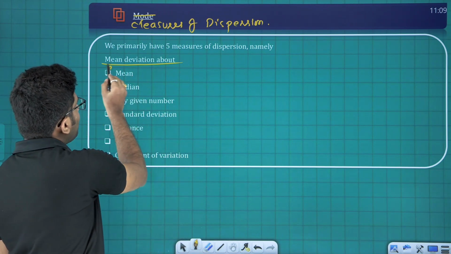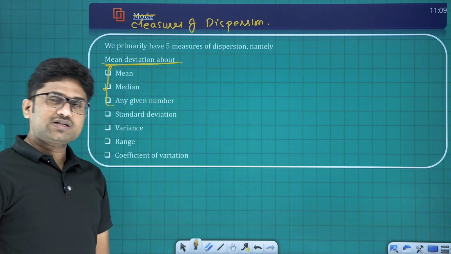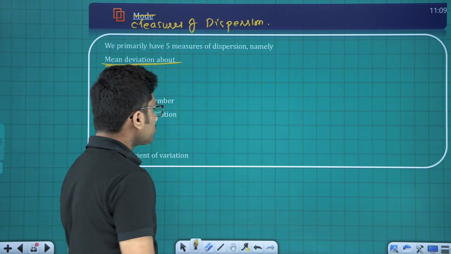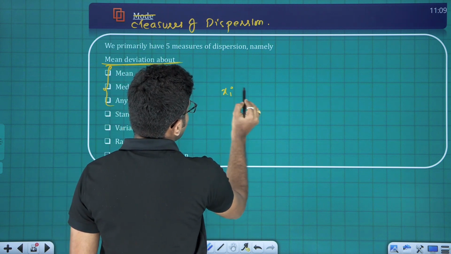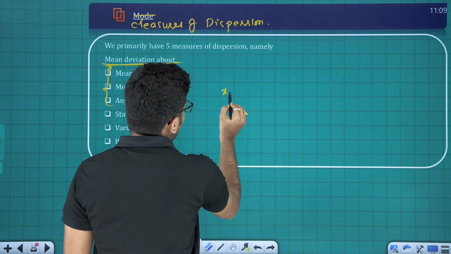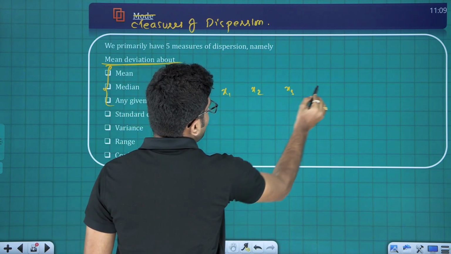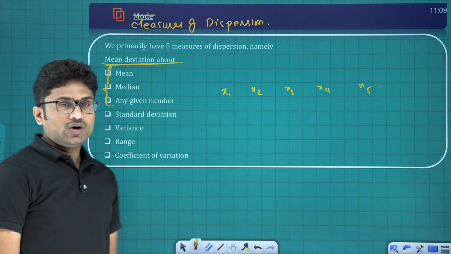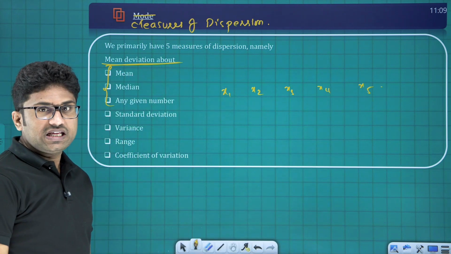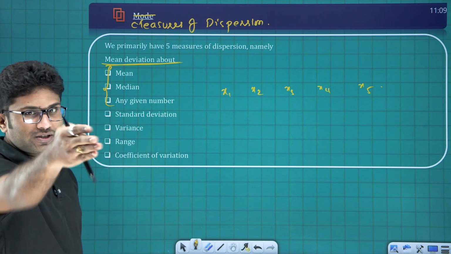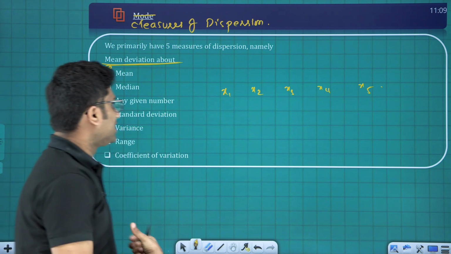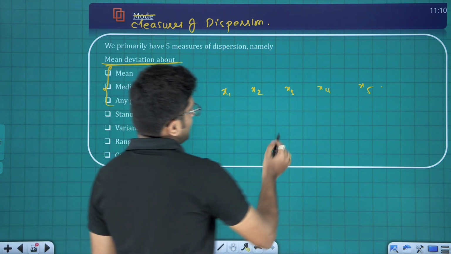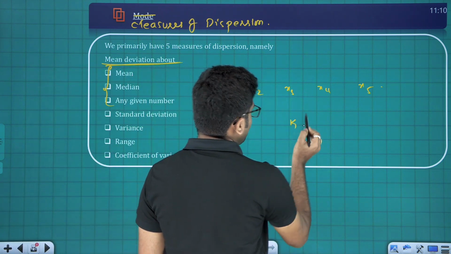First, what do you mean by mean deviation? First, we will understand what deviation is. Friends, we have observations, let's say x1, x2, x3, x4, x5. Deviations are with respect to a particular value, let's say some k.